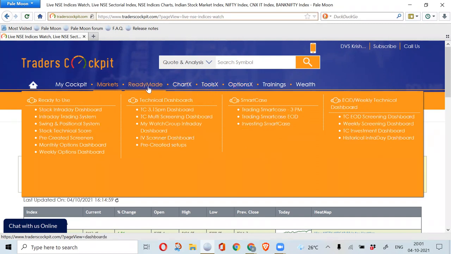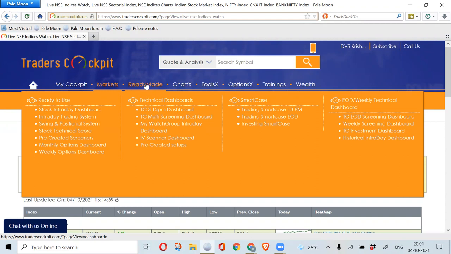Coming to the ready-made dashboard, as I have already told you, it is made with machine learning and artificial intelligence algorithms, where the software is capable of doing analysis by itself and giving you actionable signals. We shall divide it into two different time frames: one for the intraday time frame and the second for the positional time frame. First, we shall see what the ready-made dashboard is going to provide for us for the intraday time frame.